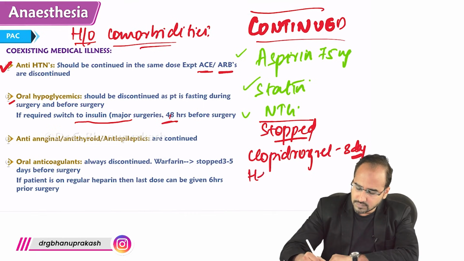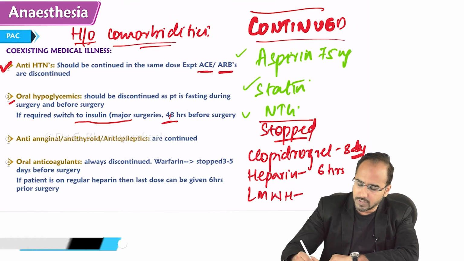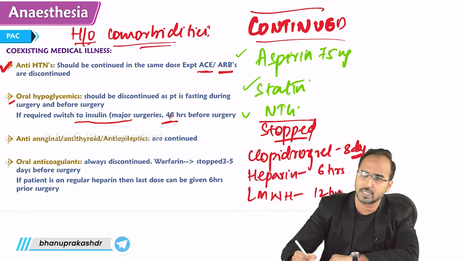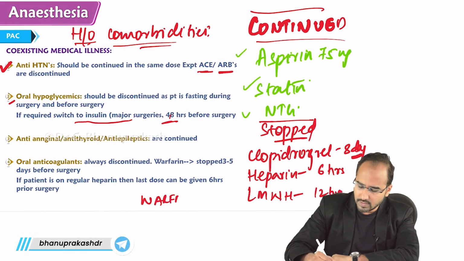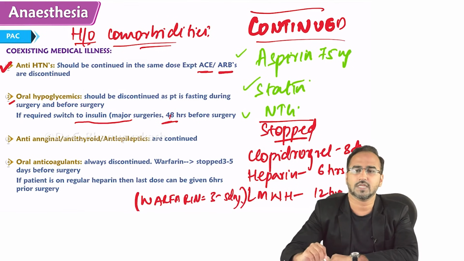Next, heparin should be stopped at least 6 hours before surgery. Then there is low molecular weight heparin. It should be stopped 12 hours before surgery. Then there is warfarin. It should be stopped 3 to 5 days before surgery.